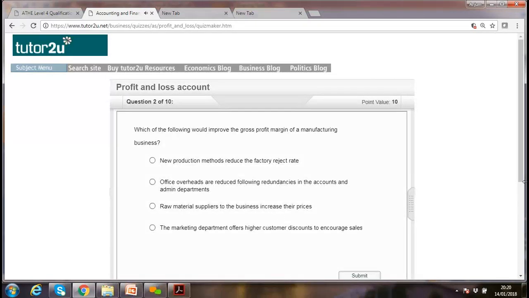Which of the following would improve the gross profit margin of a manufacturing business? Gross profit comes from sales less cost of sales equals gross profit. So, a new production method will reduce the factory defect rate. Overhead reduce. Our raw material supplier of the business increases their prices. The marketing department offers higher customer discount. So which one do you think is correct?